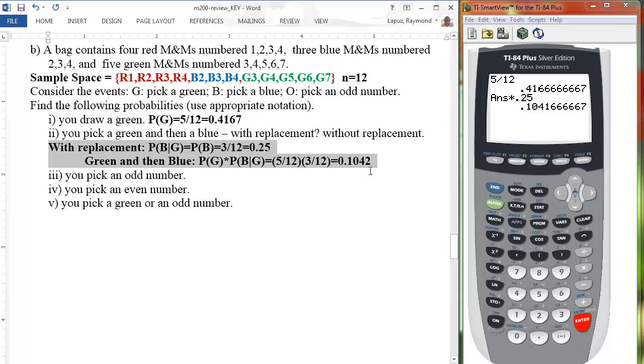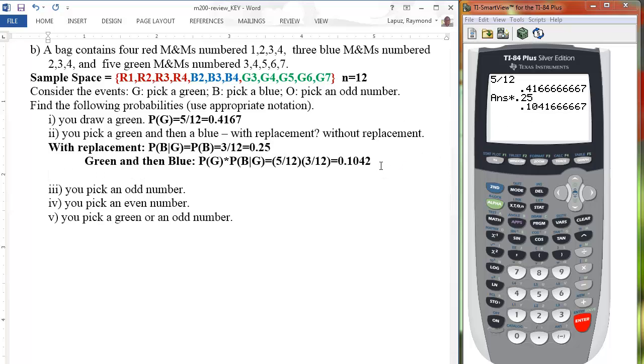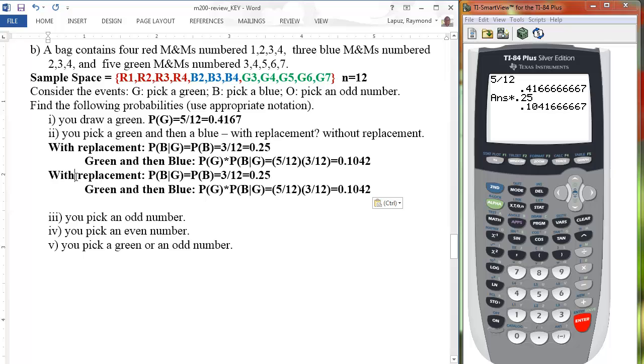Now let's do the same problem without replacement. So without replacement, the probability that we select a blue, provided we've selected a green. If we've taken one of the greens out, then your denominator would be 1 less.